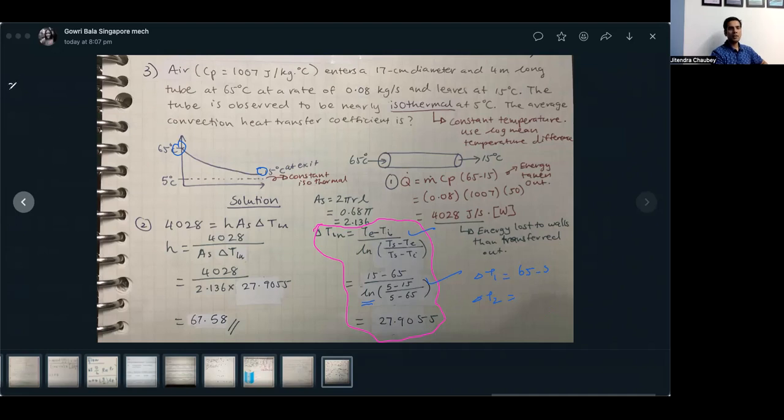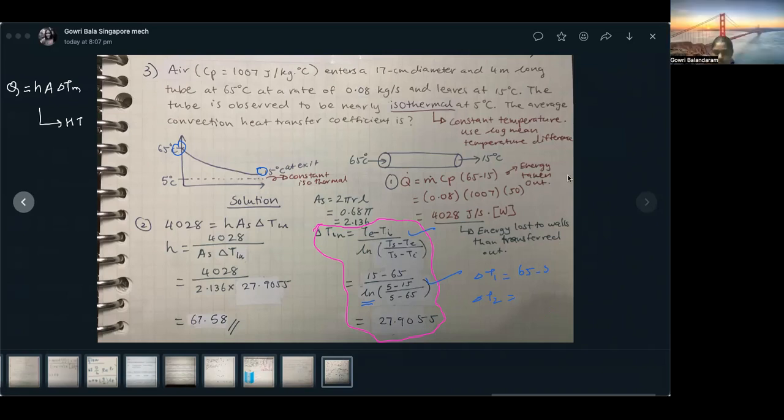Formula of heat transfer, Q. What are all the formulas you might have to use in this case? The first formula is hA delta T. It is the heat transfer formula, the heat flow rate or heat transfer per unit time, right?